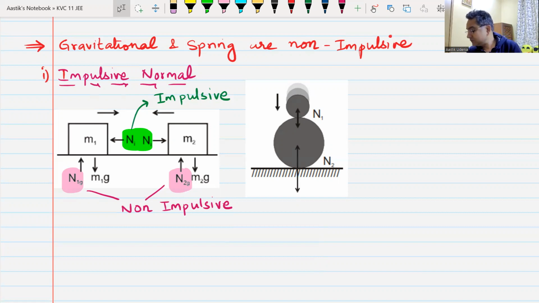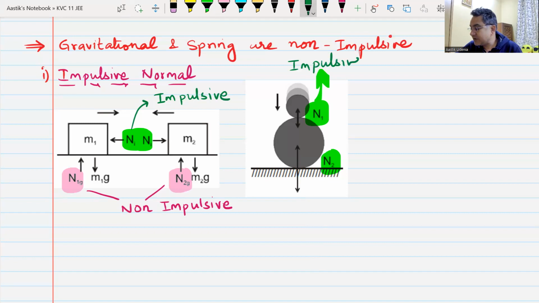Anyone? Both N1 and N2, both normal reactions are impulsive. Why are both impulsive? This block is striking the other, so the normal reaction between these two is impulsive.